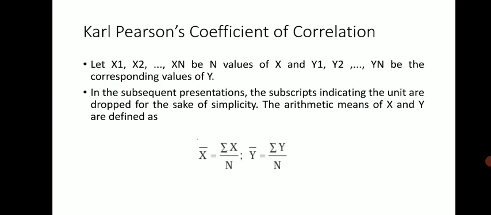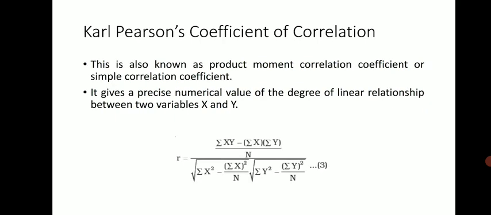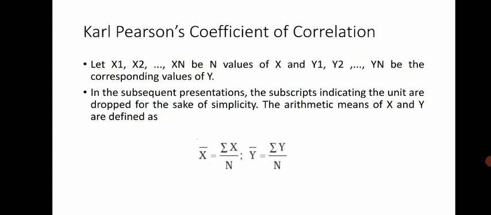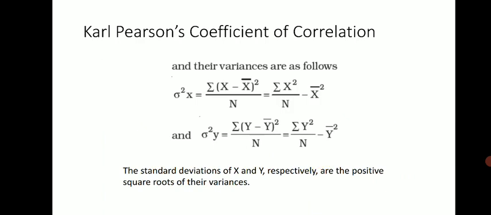First we have to calculate the arithmetic means, and we know how to calculate the arithmetic mean. They are x bar and y bar, that is summation x upon n and summation y upon n. We are studying how this formula is derived, so the first step is the calculation of means for both parameters x and y.